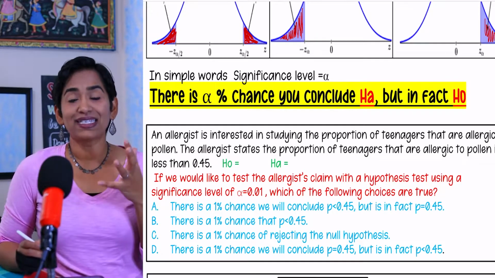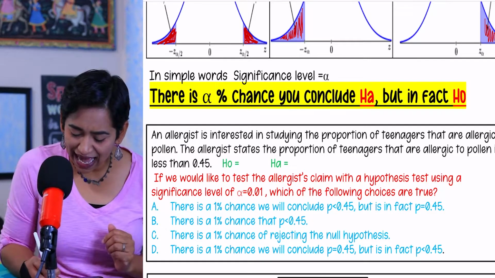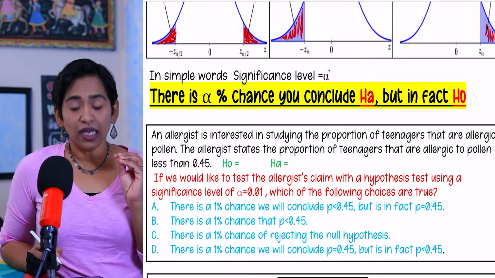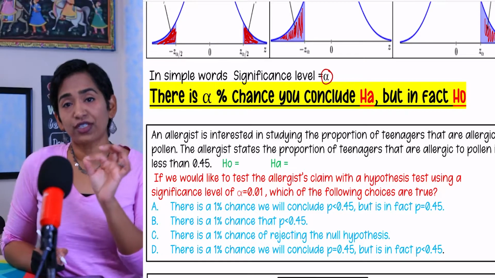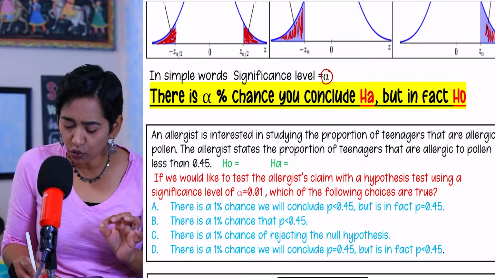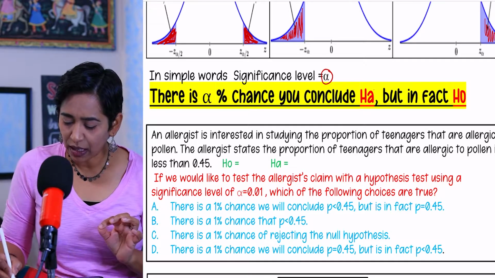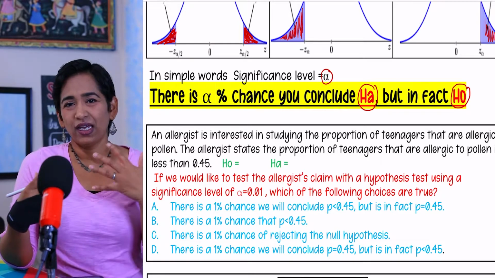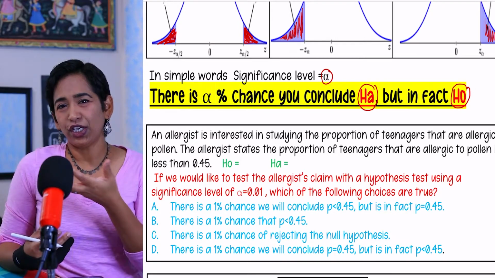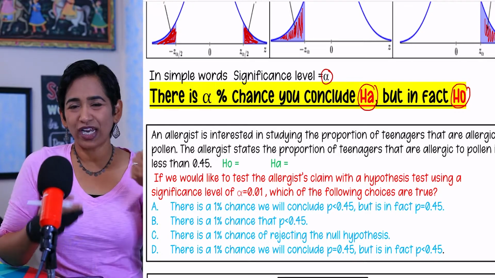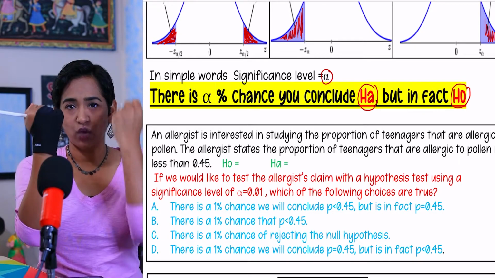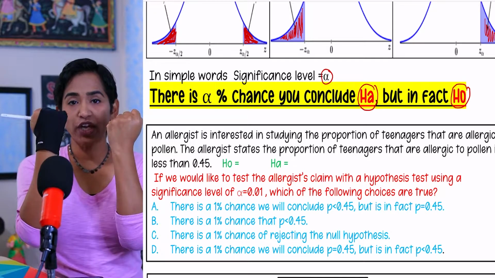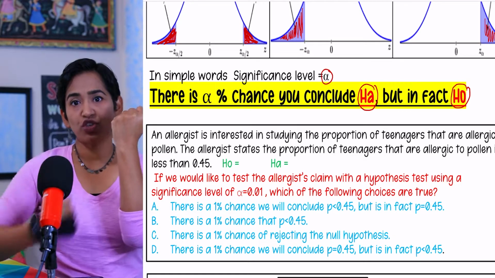In simple words, the significance level, which is alpha, means there is an alpha percent chance you conclude HA, but in fact H naught is true. So technically, the significance level is the probability of rejecting H naught when H naught is true.